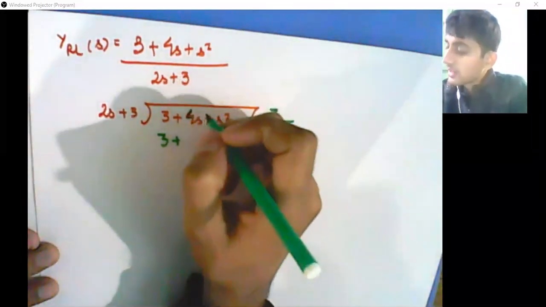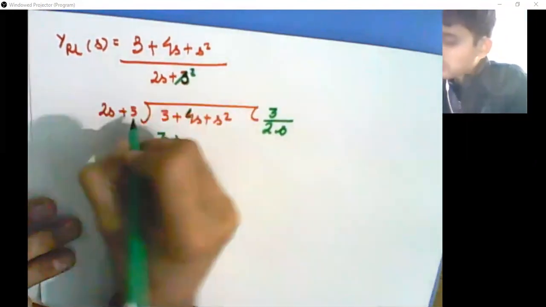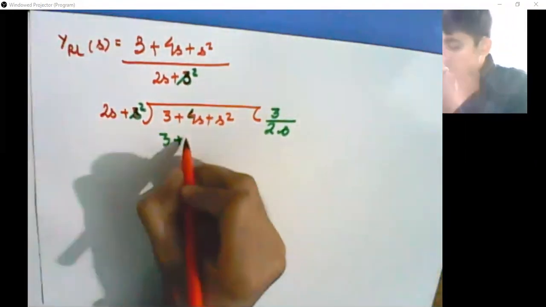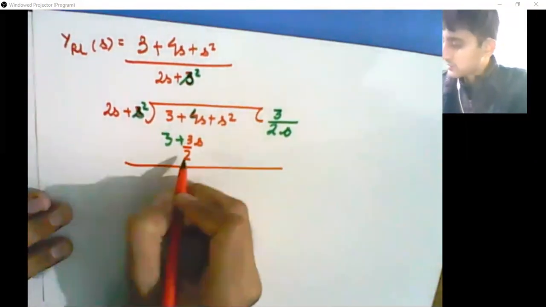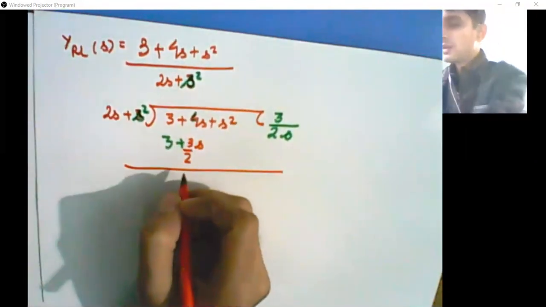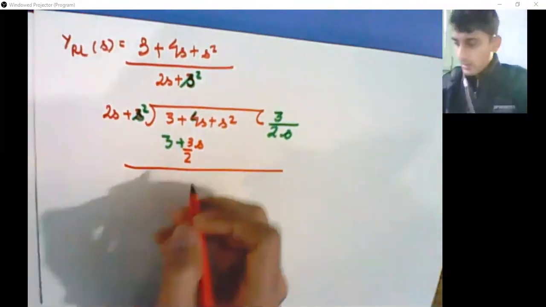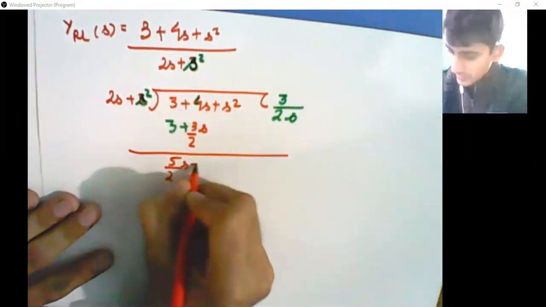This was something else earlier. Let me just check. It was not 3, it was S square. Okay, now it's fine. So we have got 3 by 2S right there. So this becomes 4 2. So we did it actually. I can copy that. So we have now 5 by 2S plus S square.